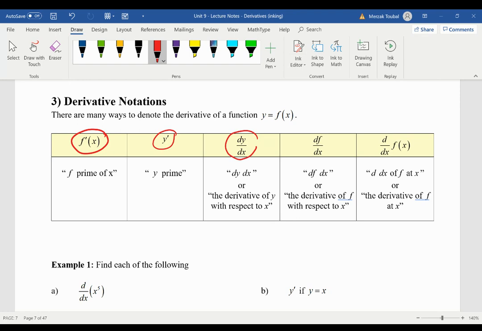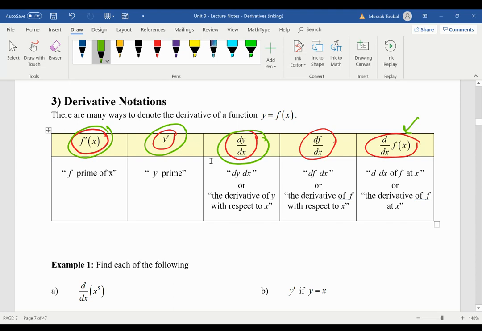This also means derivative of y with respect to x, or derivative of function f with respect to x. The most common ones are f prime of x, y prime, dy dx. You'll see this one too. But make sure you get familiar with the derivative notation.